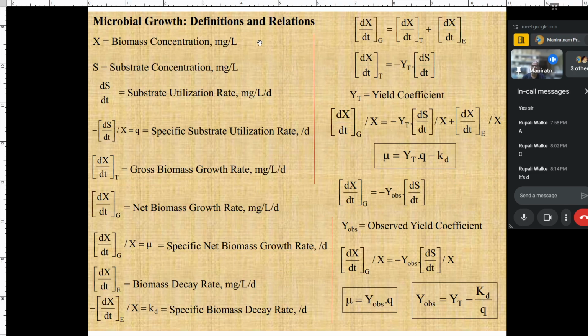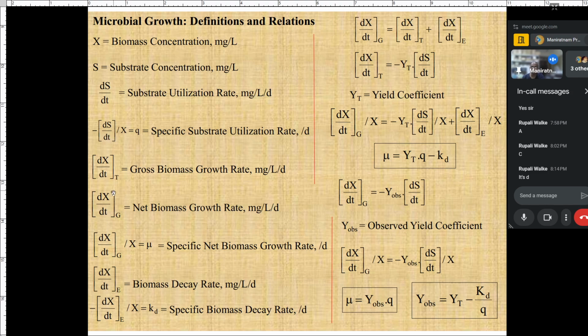Suppose x is our biomass concentration, S means S is our organic matter, and X is our microbial mass. Then we have already seen that dS/dt is known as the substrate utilization rate. Then we have the substrate utilization rate per biomass concentration, that is known as the specific substrate utilization rate.